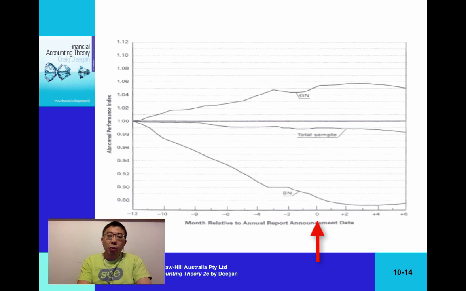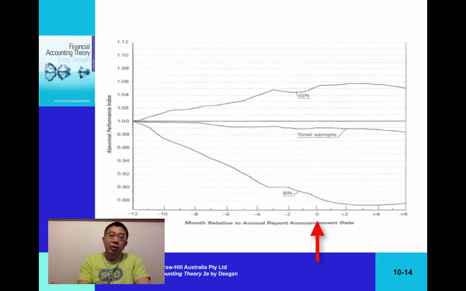When you see 0, it means the time when the firms report their earnings in the annual report. That means when the earnings results were announced to the public through the release of annual reports. And therefore the negative numbers mean how many months before the release of that result.